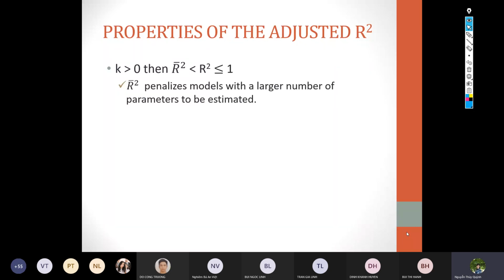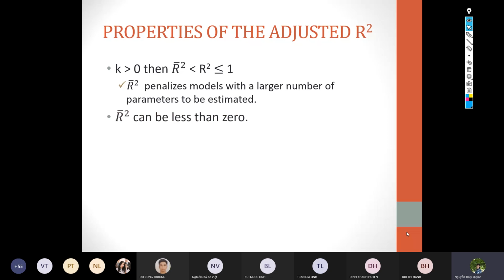So R square bar will also penalize the model when we add one more independent variable.